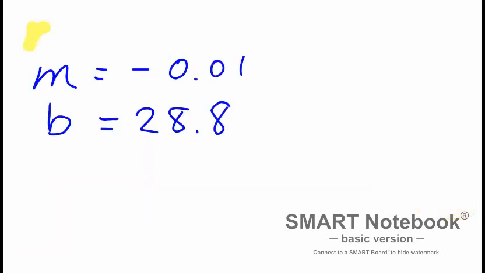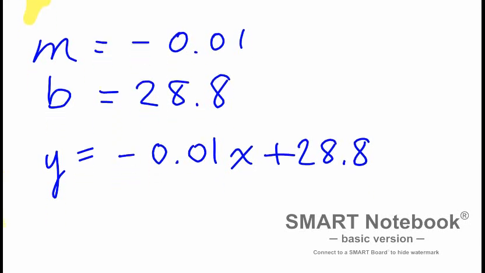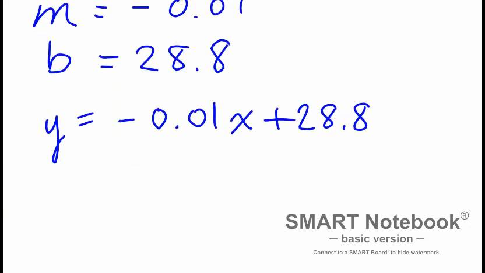So, my equation right now for this relationship between temperature and altitude is this, negative 0.01x plus 28.8. And once I have this equation, I can definitely use it. Now, I want to figure out what's the altitude. And remember, this right here, this is the altitude.